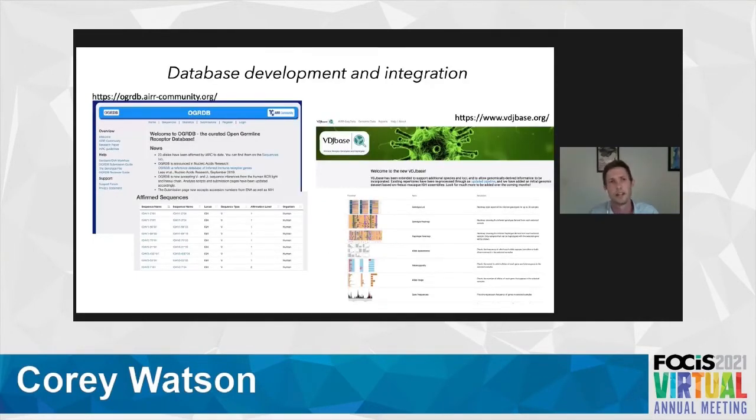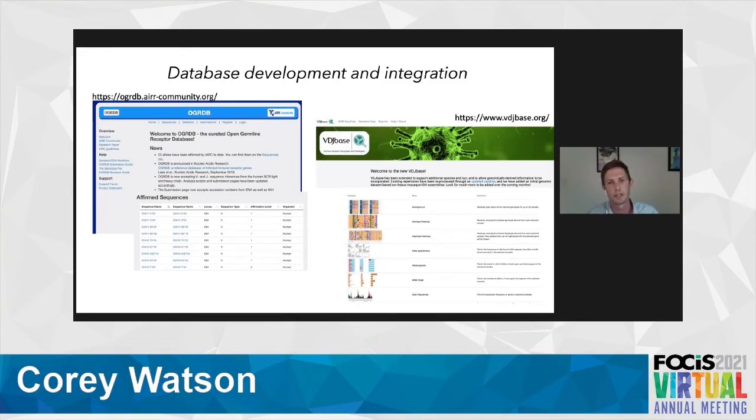We've also begun thinking about how to build better databases and augment existing databases like IMGT, through integration of different data types and different reporting formats and data sharing schemas.